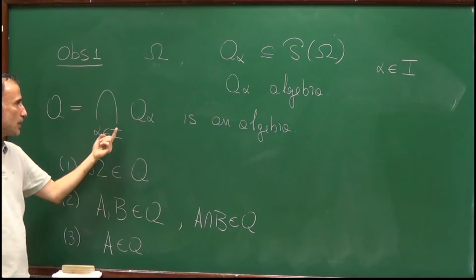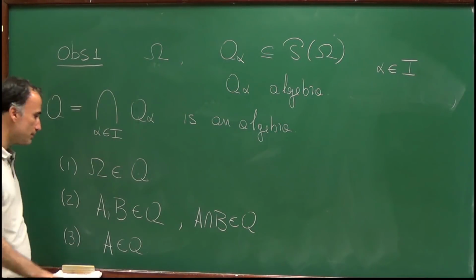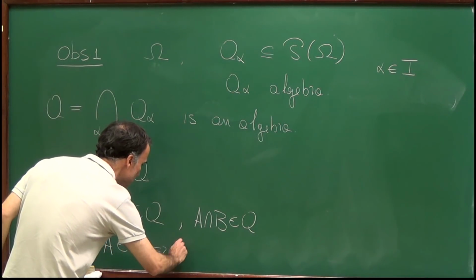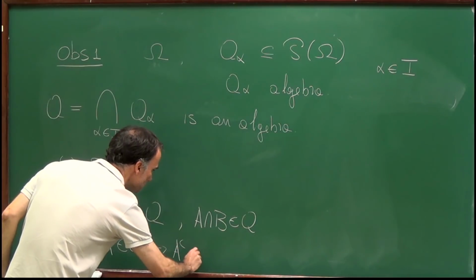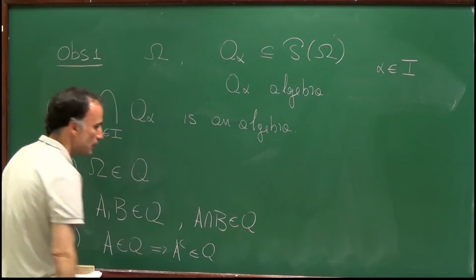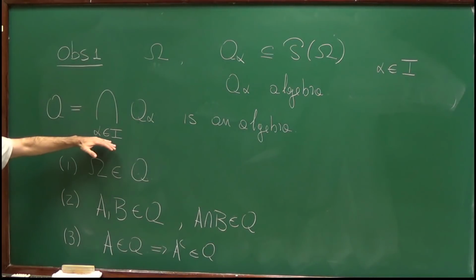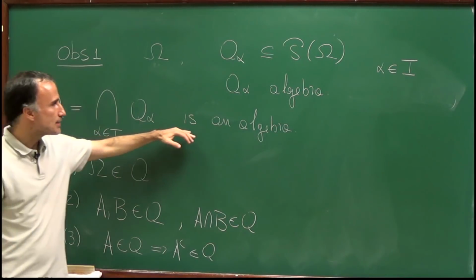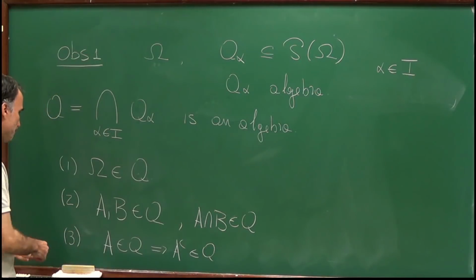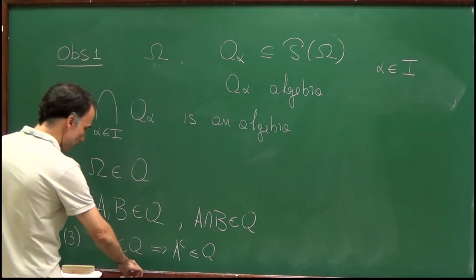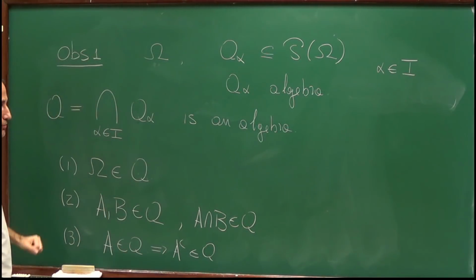This is true for any alpha, so the complement belongs to A. And we just proved the third property of an algebra. So we just proved that this intersection is indeed an algebra. So this is my first observation.